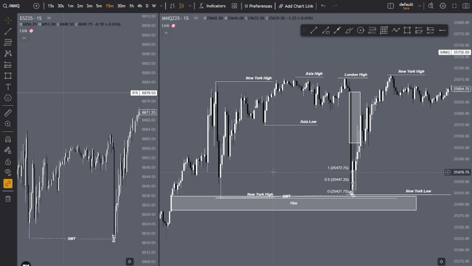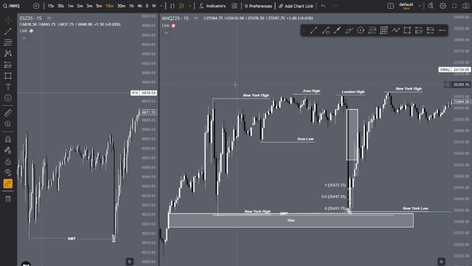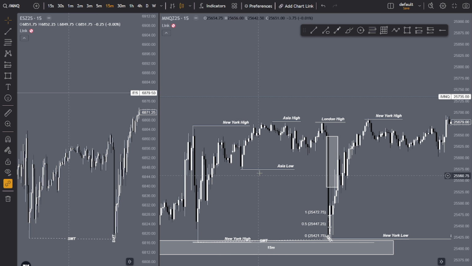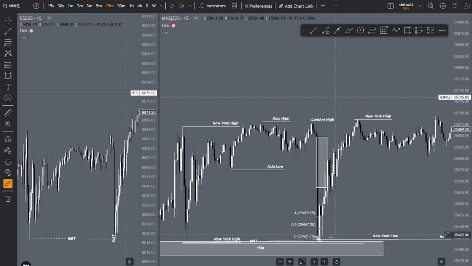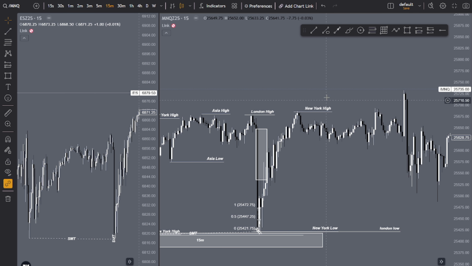First things first, I mark my highs and lows from previous sessions. So here you can see that I have previous New York open high marked out, and then New York previous low, as well as Asia high, Asia low, London high, London low, and then we have New York.